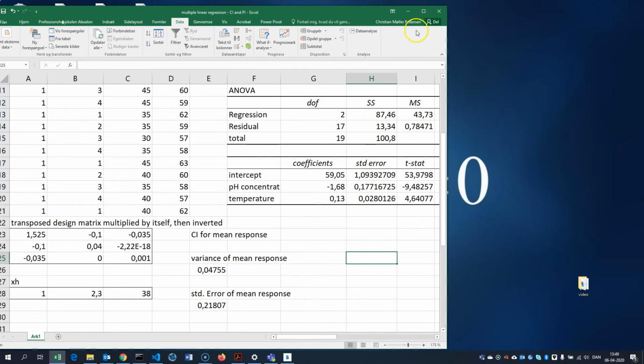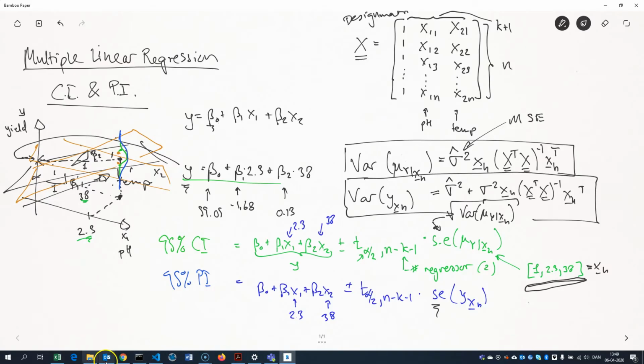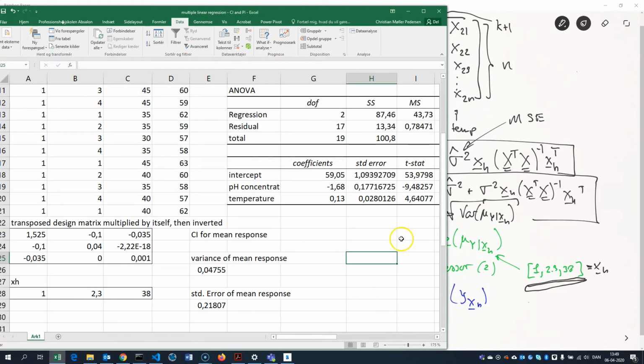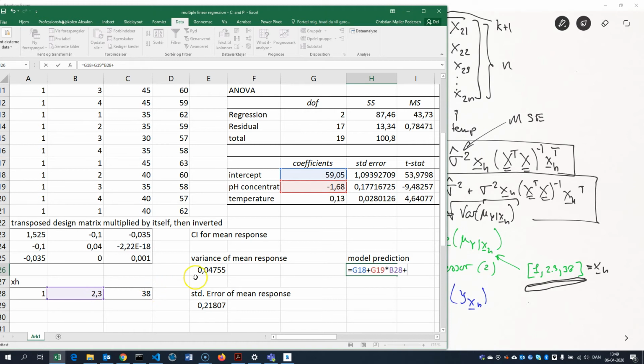So let's just call it model prediction, and that's equal to beta naught plus beta 1 times the pH value plus beta 2 times the temperature. So it's really just the function value of the model. So that's 60.